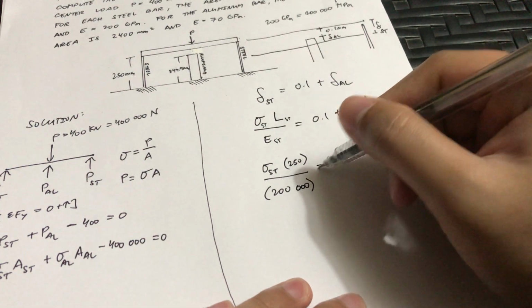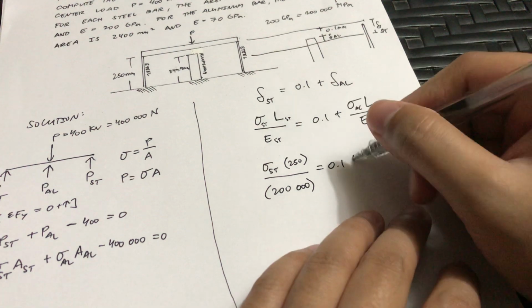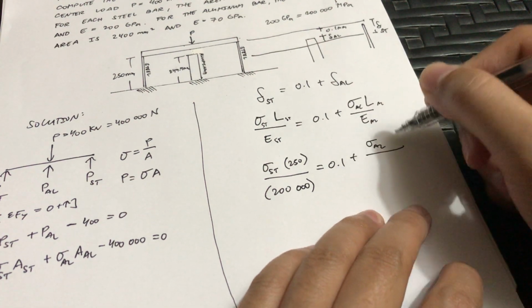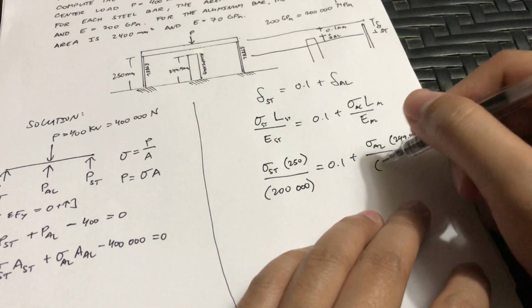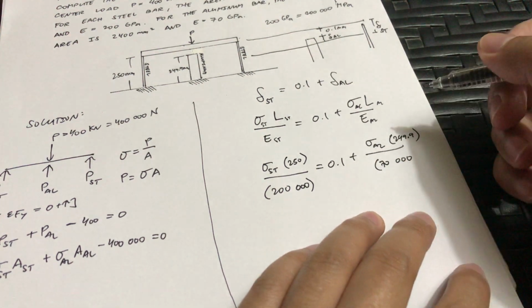So this becomes 200,000 is equal to 0.1 mm plus, for the aluminum, the length 249.9 and E of 70,000.